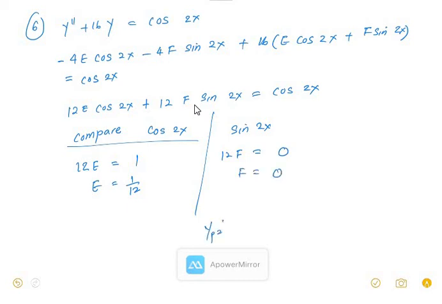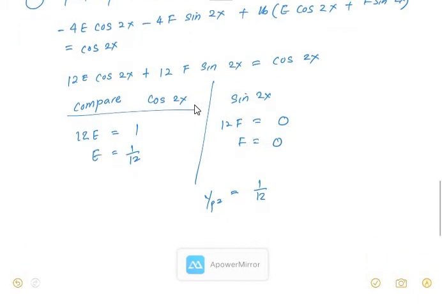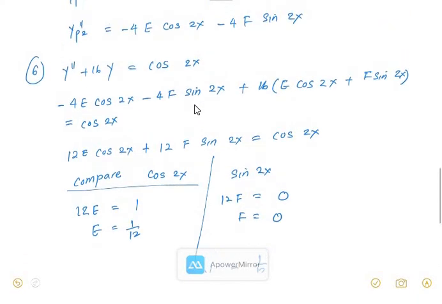We want to find the e and f, right? The e is 1 over 12. f is 0.